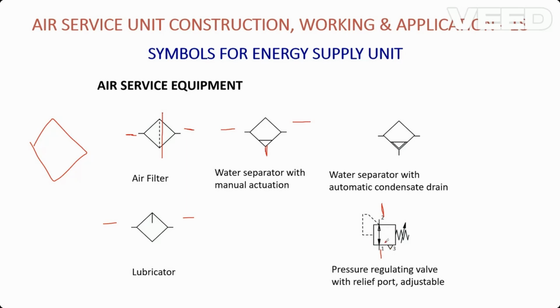There is an extra connection, number three, an inverted triangle protruding out of the symbol, which indicates this is used for drain purpose, or for any extra air. Here you can see there is a connection from two.